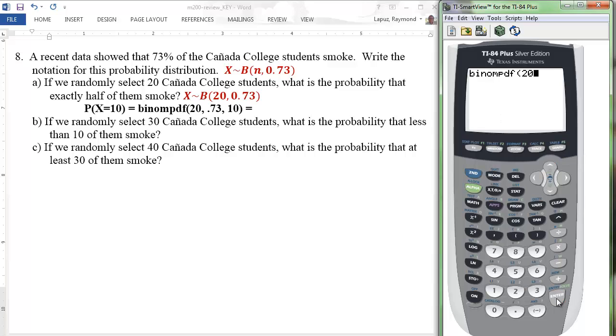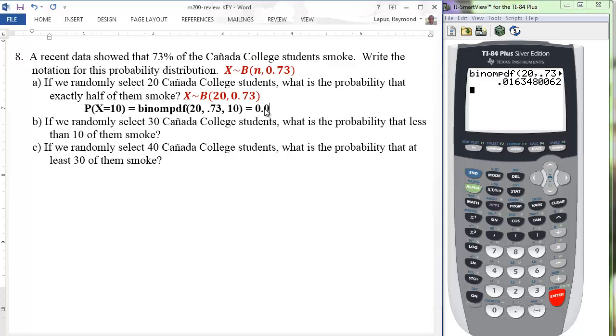And our values are 20, 0.73, and 10. So we hit enter, we get our percentage 0.0163 or 1.63%. Pretty small. So that's our first problem.